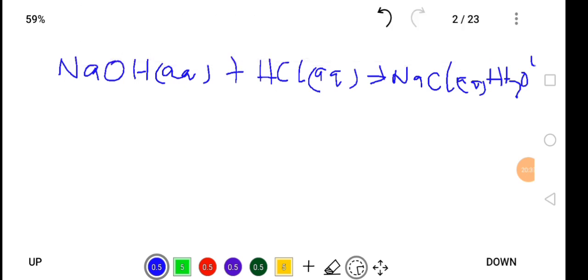What are we going to do? Under ionic equations, we have principles we follow when we are writing equations ionically. The first step we are supposed to undertake is to make sure that the equation is well balanced. So you need to check this equation so that you are sure that it is balanced.